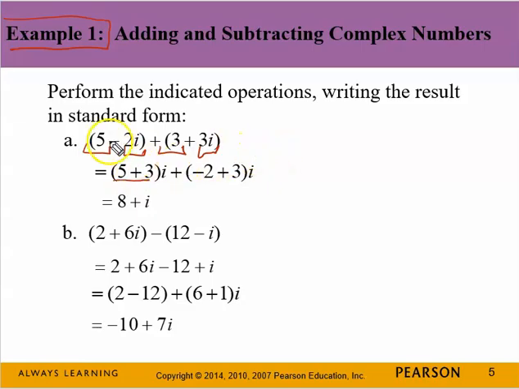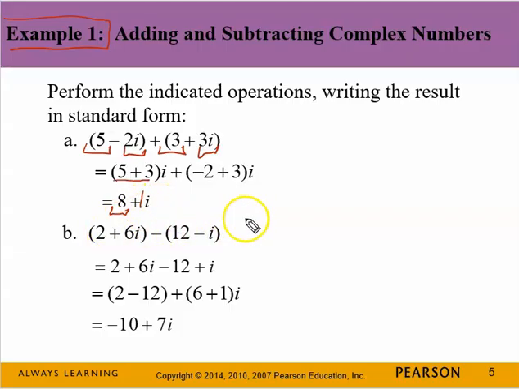And 5 and 3 is 8. A negative 2i and a positive 3i just gives us a positive 1i. Now remember, anytime there's a symbol with nothing in front, there is an assumed 1 there.